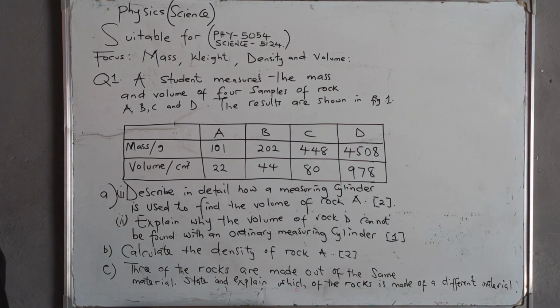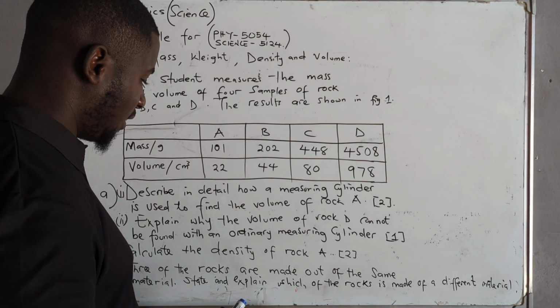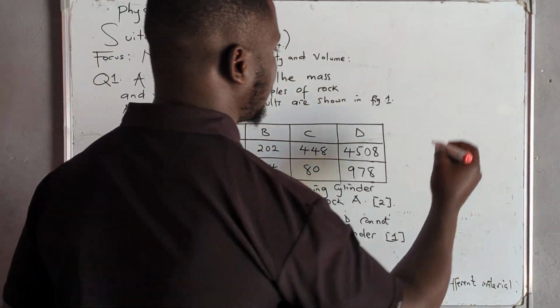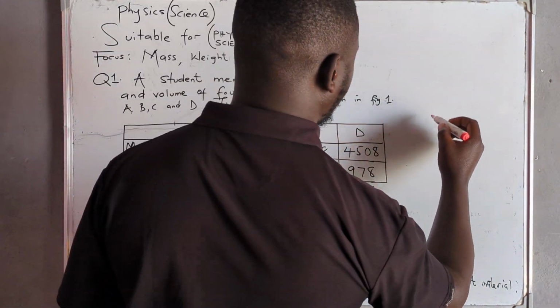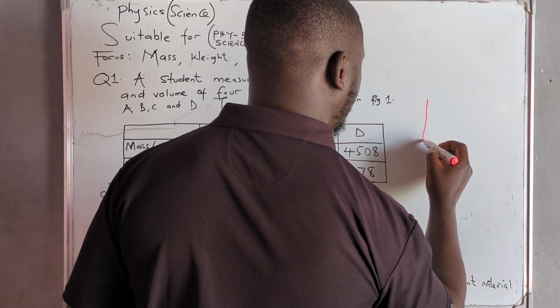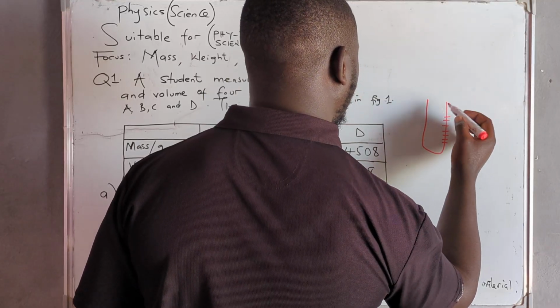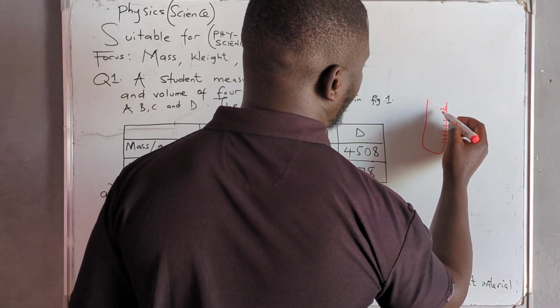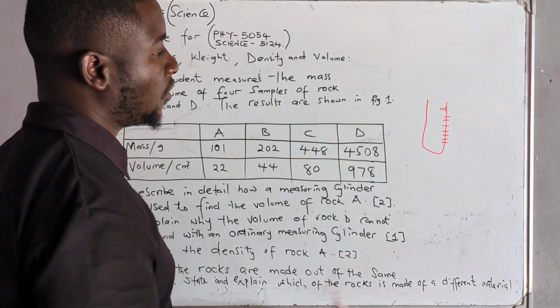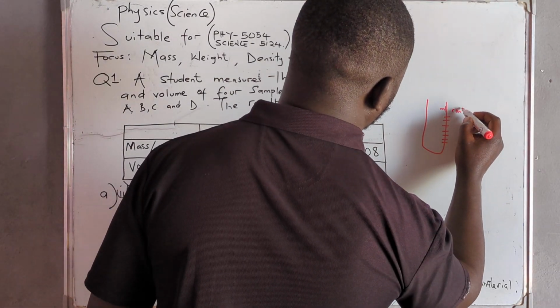Let me draw this. As you explain in detail, you can also include drawings in your illustration. This is the cylinder, and it has calibrations, most of the time in mils, or they can be in cubic centimeters.